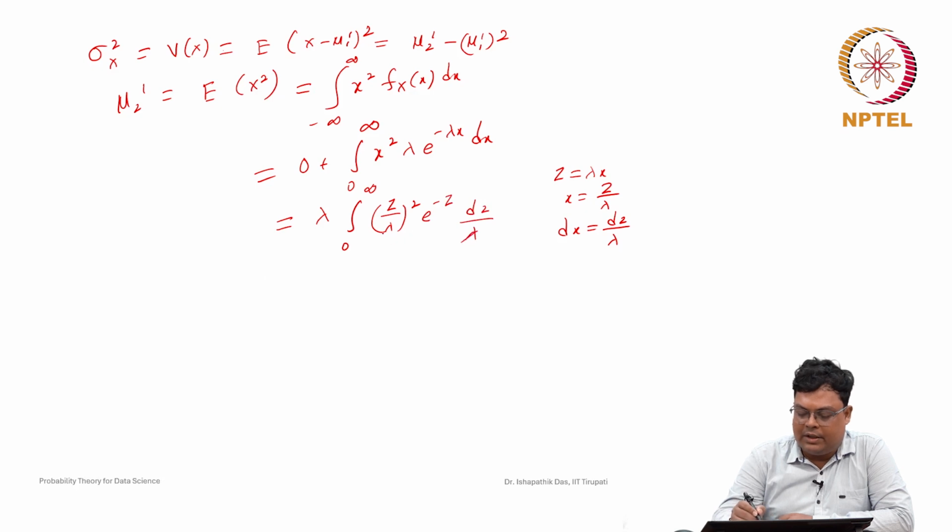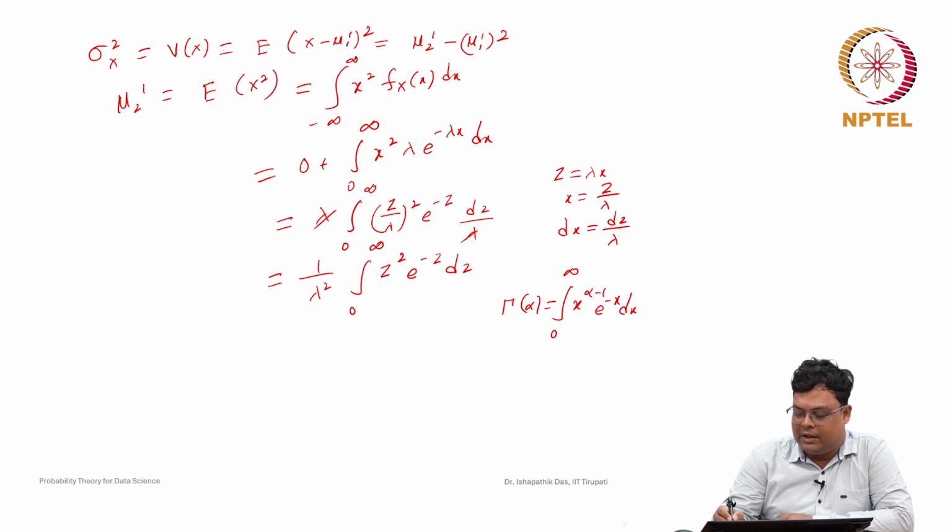So this lambda cancels and it is 1 by lambda square times the integral from 0 to infinity of z square e to the power of minus z dz. Remember that the gamma function formula is the integral from 0 to infinity of x to the power alpha minus 1 e to the power of minus x dx, whenever alpha is greater than 0 and less than infinity.